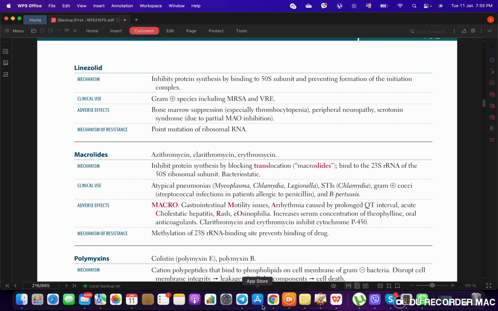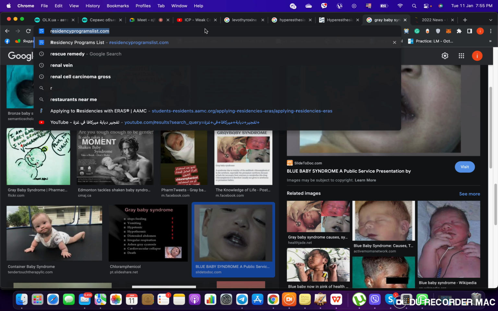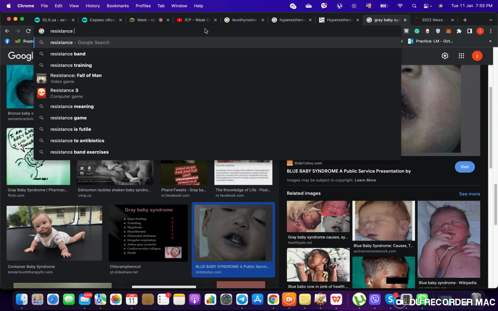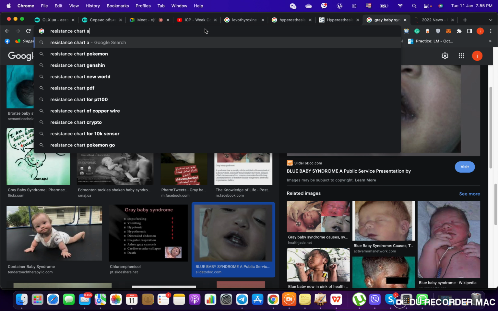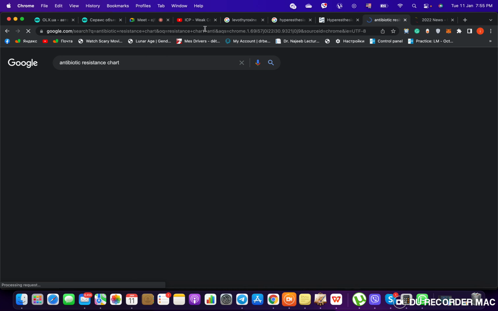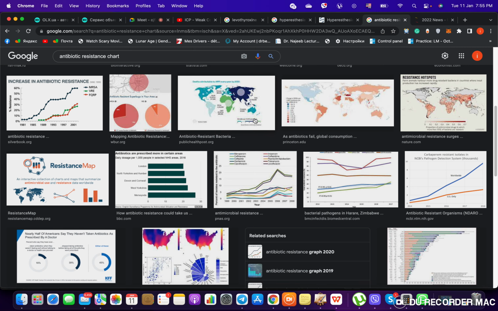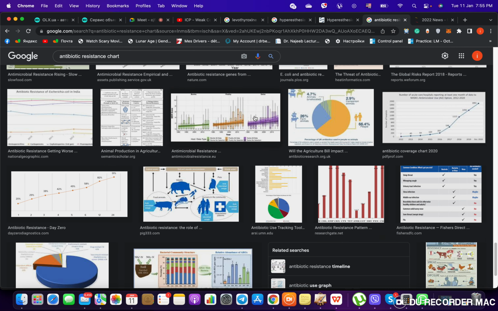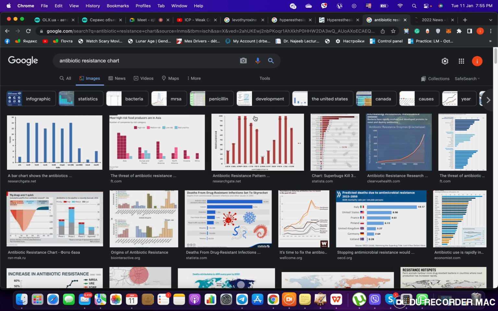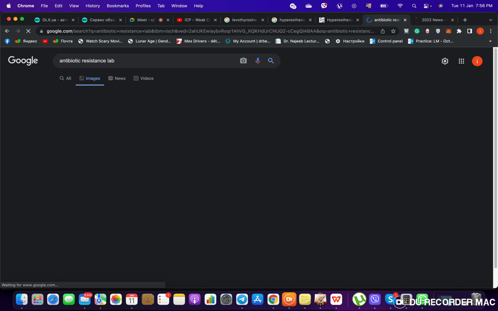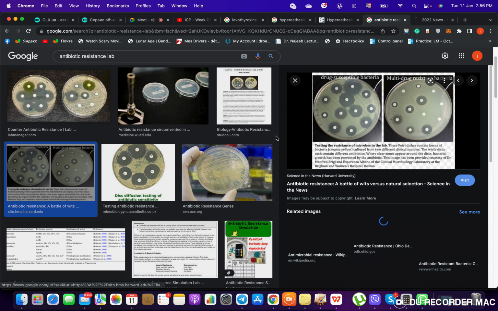Guys, there is something like this, a resistance sheet for antibiotics. Sometimes as a doctor you will get a paper that has the names of all of the antibiotics, and it comes from the lab, and they tell you, oh well, he's resistant to that one, or is not resistant to that one.